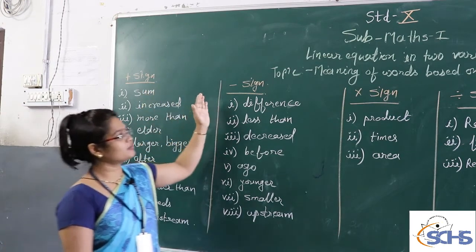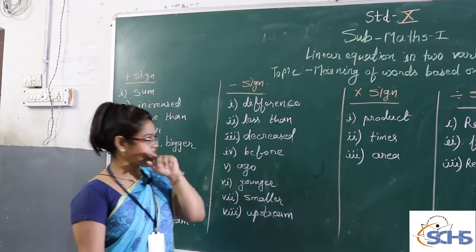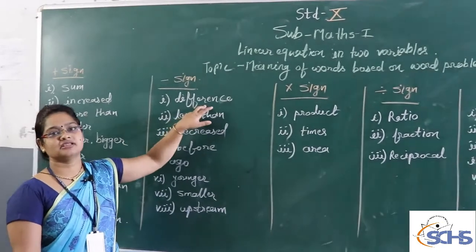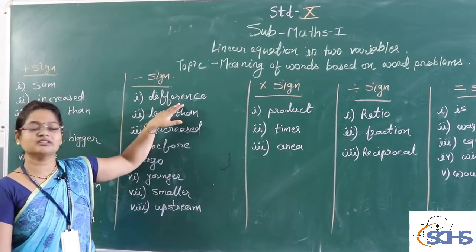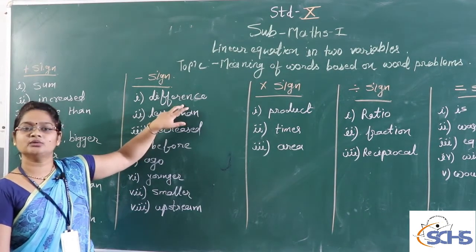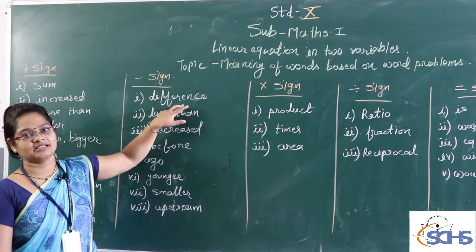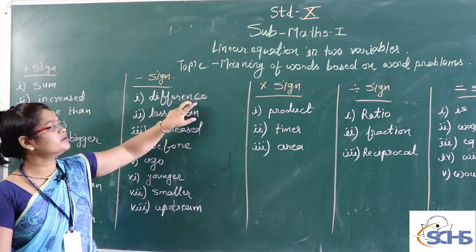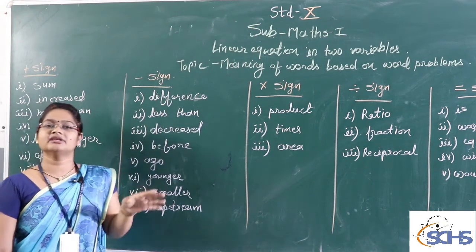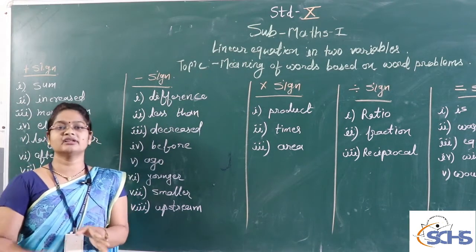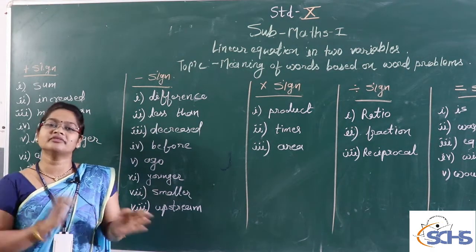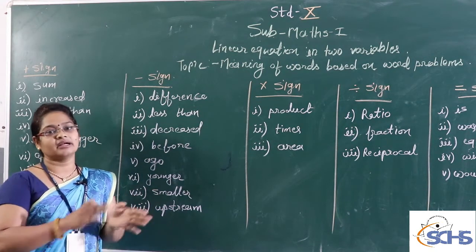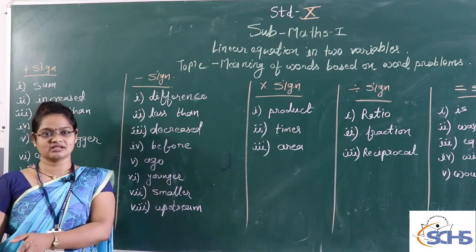Now let's talk about the minus sign. First one, difference. Difference means subtraction. So in that case, everybody knows we have to use the minus sign. But remember one thing here, whenever the difference is positive, we have to subtract smaller from greater, means greater minus smaller is equal to a positive number.